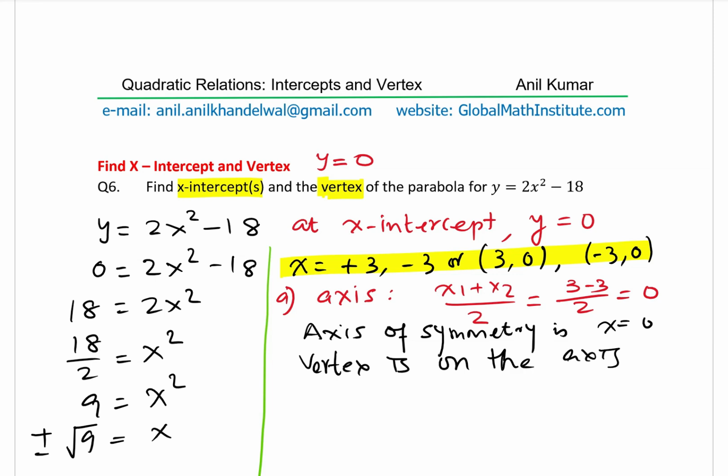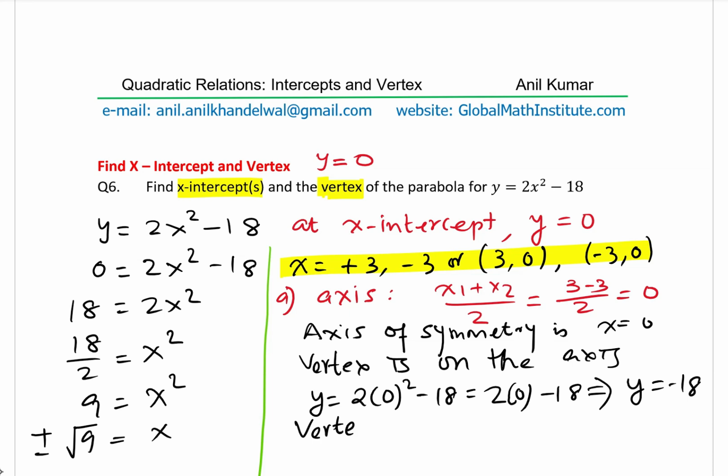And so we'll find the value of y: substitute the x value of 0 and find the value. So we get 2 times 0 is 0, right? So the value is y equals minus 18. So in this particular case, the vertex is at the x value of 0 and y value of minus 18.